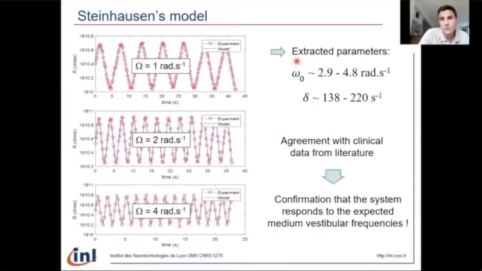From this experiment, we could extract 2 parameters: the eigenfrequency of the system, that is ranging from 3 to 5 radian per second, and also the damping coefficient of the system, that is ranging from 100 to 200 per second. We have also compared these extracted parameters to clinical data from literature and could get a good agreement. And this is a really good point because it confirms that our system properly responds to the expected vestibular frequencies.